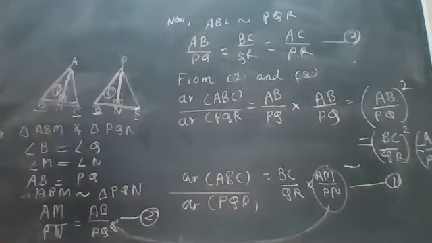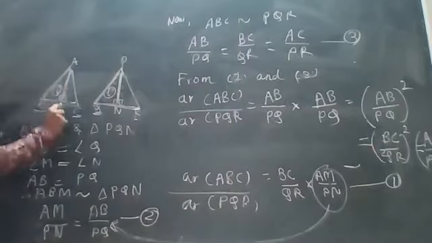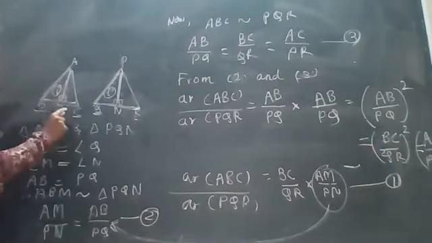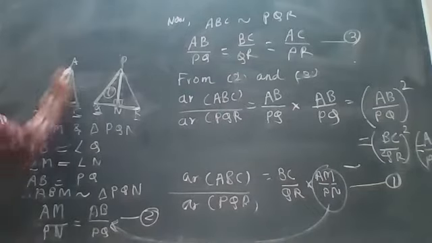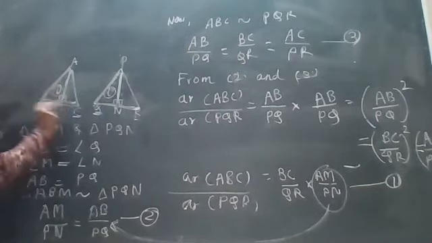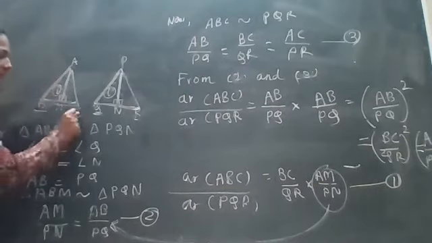Okay. So first what we have taken? We have taken AM and PN, which is perpendicular, or we can say altitude of this triangle. Clear? So we can use 1/2 base into altitude to find out the area. So we can say that area of ABC is equal to 1/2 into BC into AM.